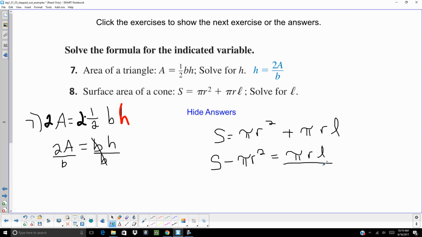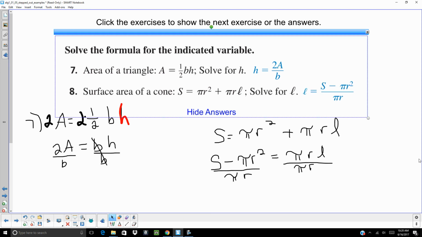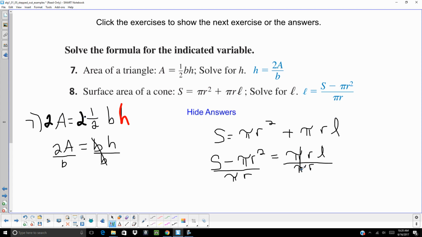Well, I would do pi r. So you're going to get S minus pi r squared over pi r. Guess what happens? Pi's cancel, those r's cancel.